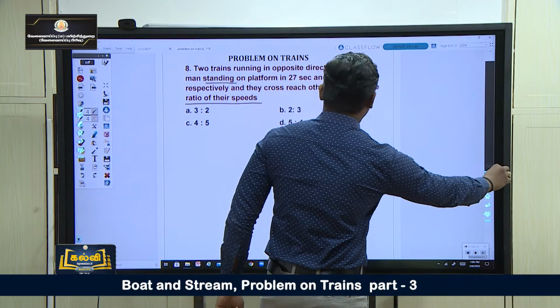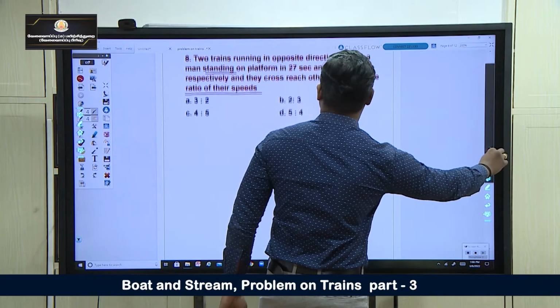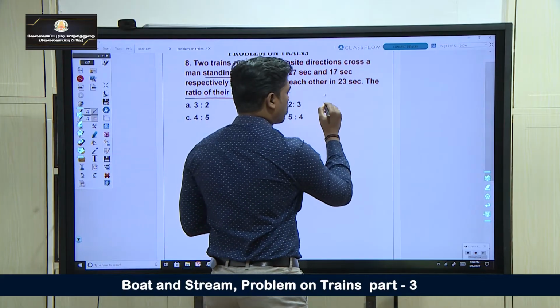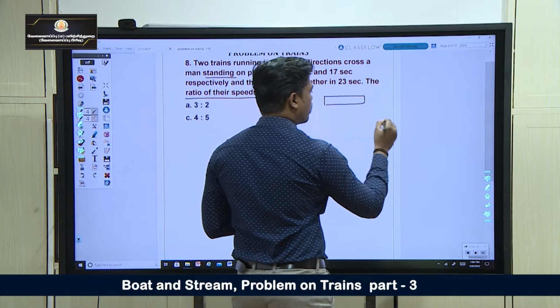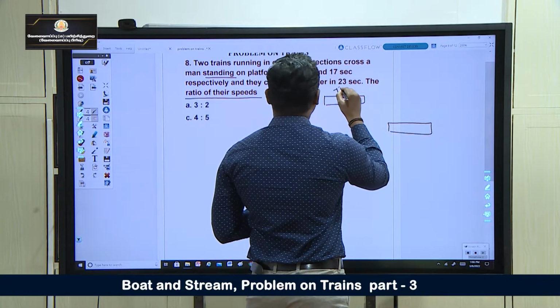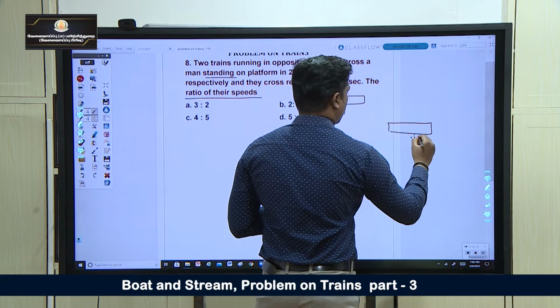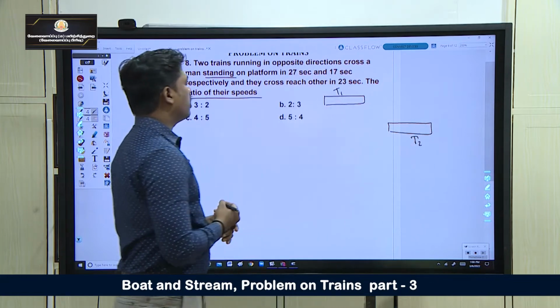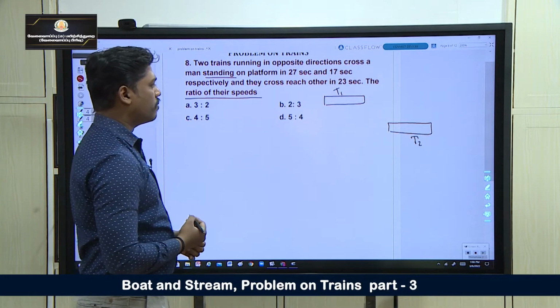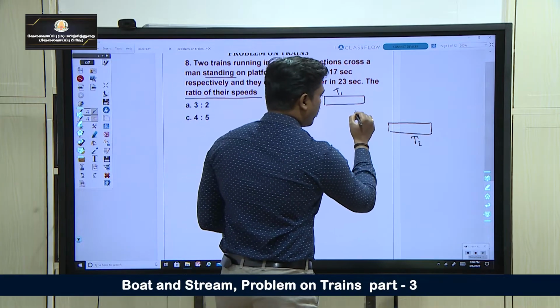So, look at the question carefully, it might be a little bit confusing. We are having two trains, train 1, train 2. These two trains cross a man standing on a platform. So, here we are having a platform.